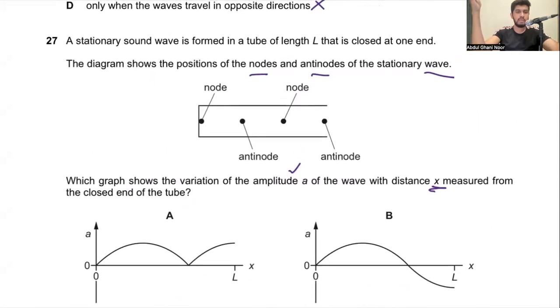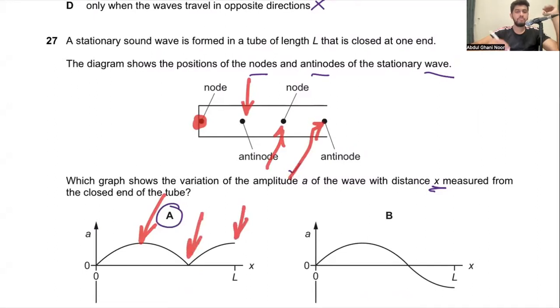Amplitude is always positive. It's not negative. Displacement होता तो हम positive negative कर रहे होते. So the answer is A. Amplitude 0, maximum amplitude, amplitude 0 here, and then maximum amplitude here, maximum.